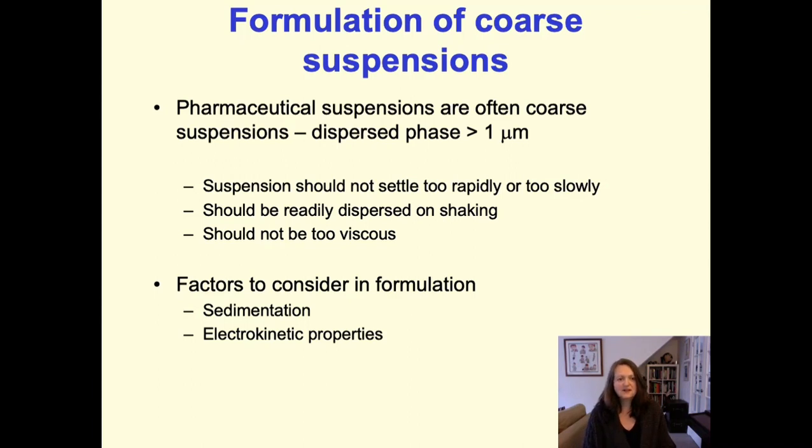And sedimentation will obviously lead to destabilization of the colloidal system. Now, we can cope with a certain amount of sedimentation if the sedimentation leads to a sediment that if you shake the bottle, you can easily redisperse it. Then the sedimentation isn't a problem for us in terms of formulation. But if the system leads to a sediment that cakes in such a way that you can't redisperse it, then we have a problem.